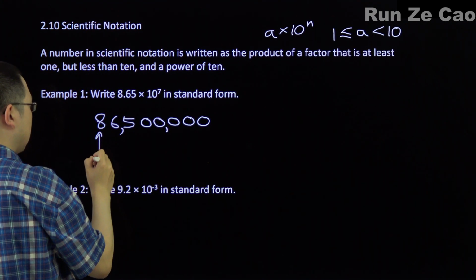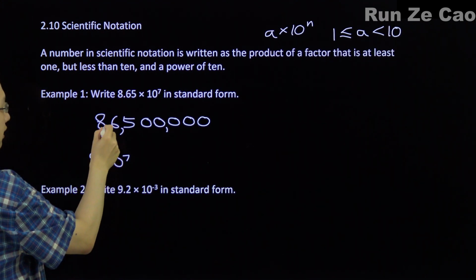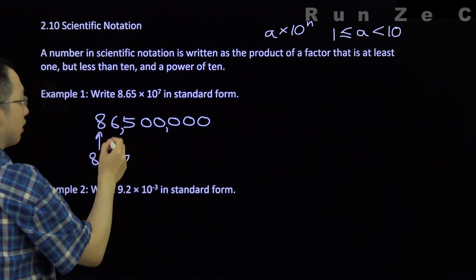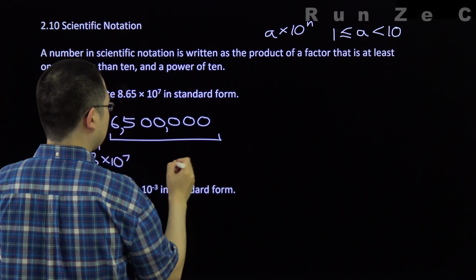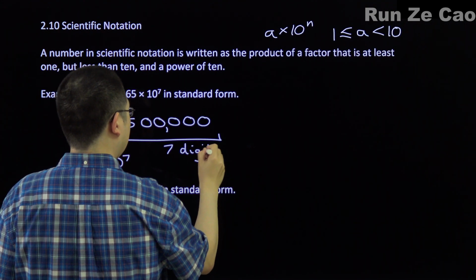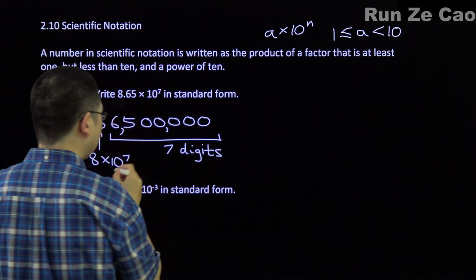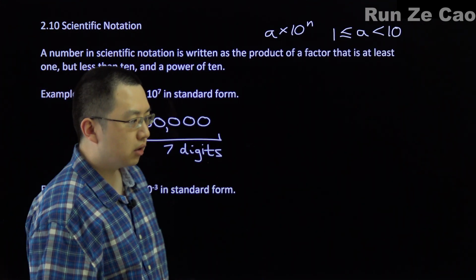Like here, this is 8 times 10 to the 7, and the 0.65 is this part here. Notice how this is 7 digits. And that 10 to the 7th power is going to have 7 zeros with a 1 at the front.